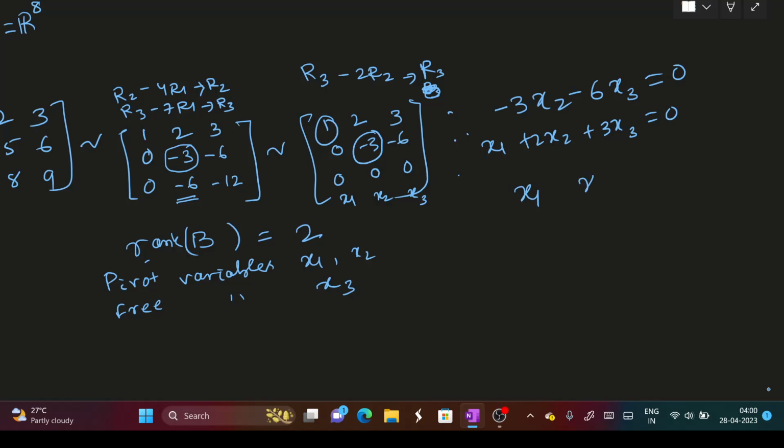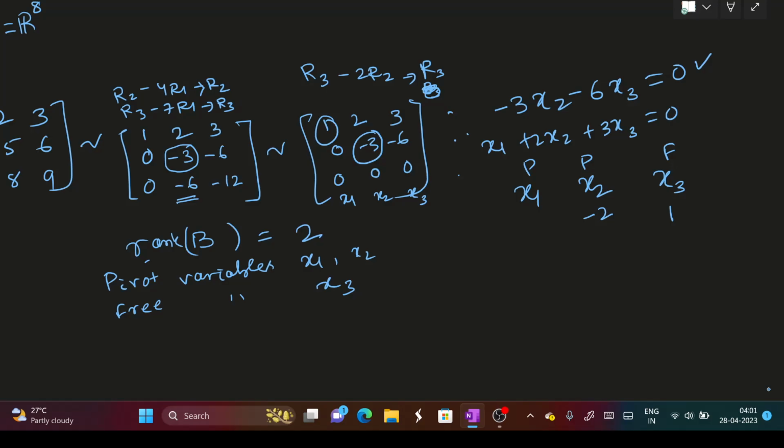So it is x1, it is x2, it is x3, it is pivot, it is pivot, it is free. In the free variable we will assign 1 because only one free variable is there. So here let us substitute in this equation. What are we getting? It is minus 6 this side plus 6. Okay, minus 3 x2 is equal to 6 implies x2 is equal to minus 2.